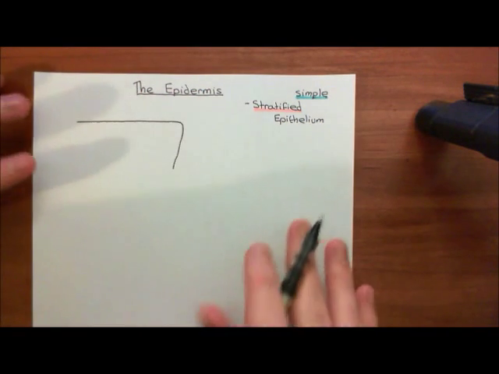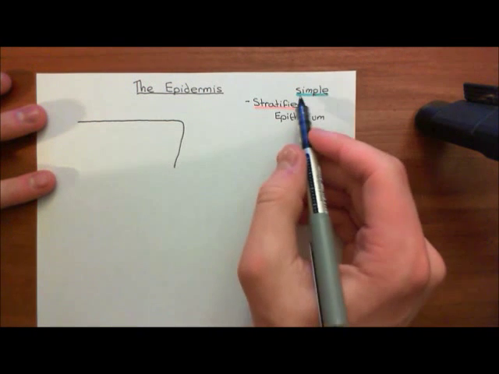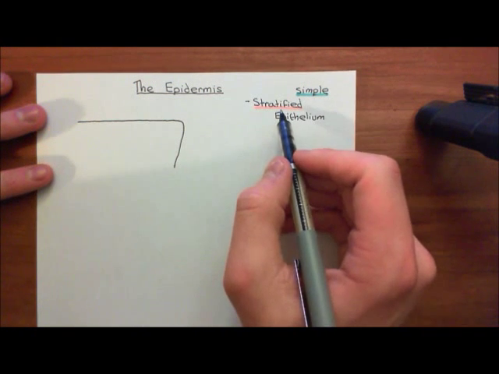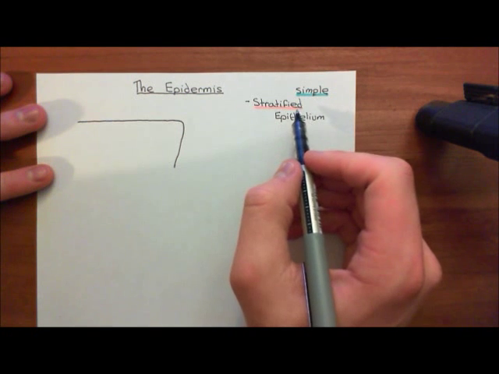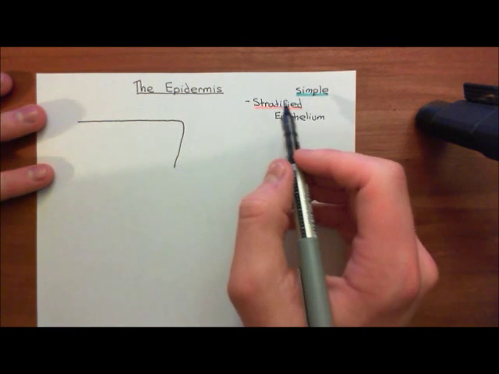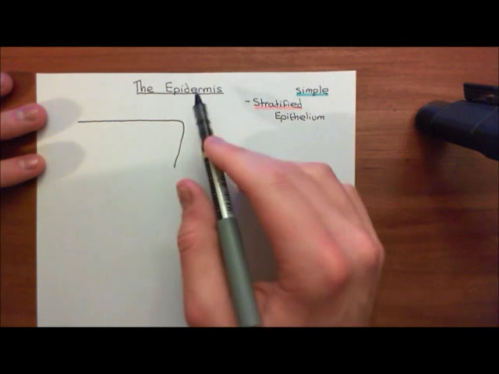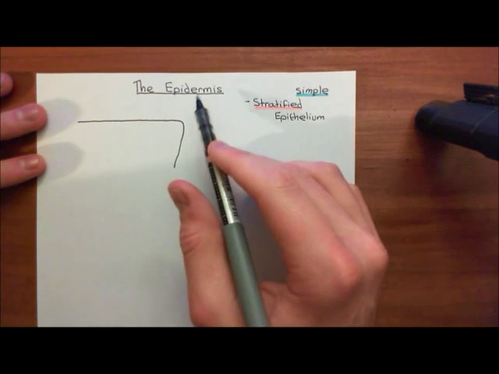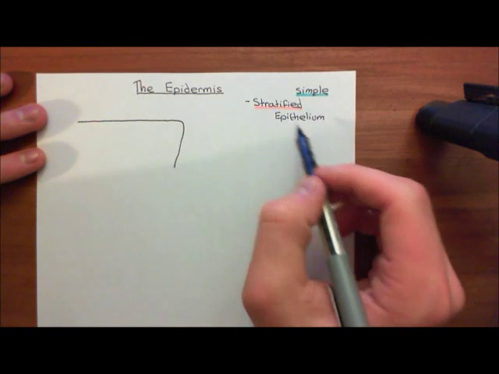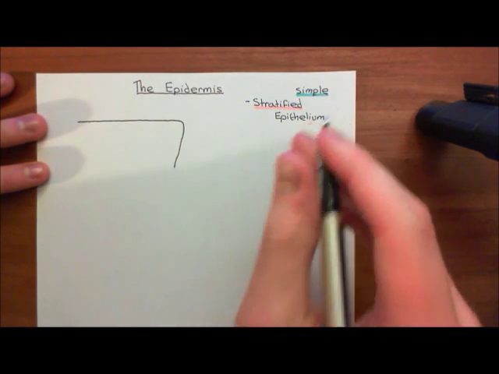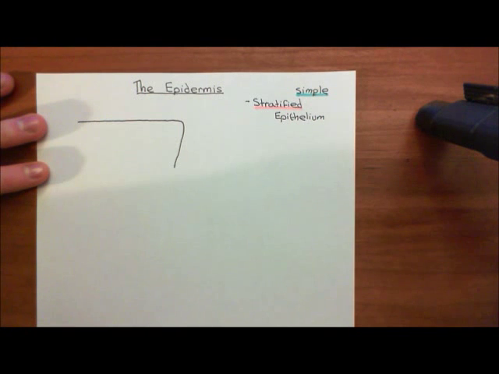Some of those will be simple epithelia rather than stratified, a single layer of cells, whereas the epidermis is multiple layers, so it's a stratified epithelium. It's not just one cell thick; the epidermis is multiple cells thick.